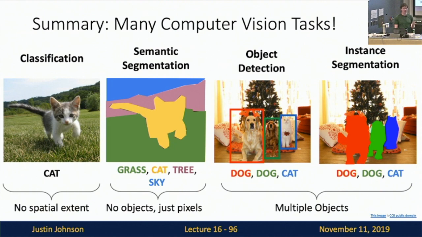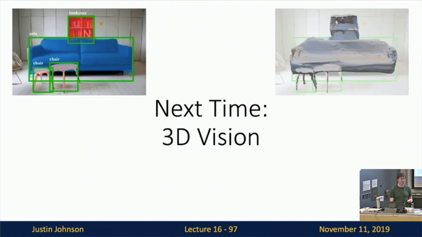So that was our whirlwind tour of a lot of different localization tasks in computer vision. Next time, we'll talk more about how we can process 3D data with deep neural networks, and we'll also see, for example, how to predict meshes with neural networks. So come back on Wednesday, and we can talk about that.